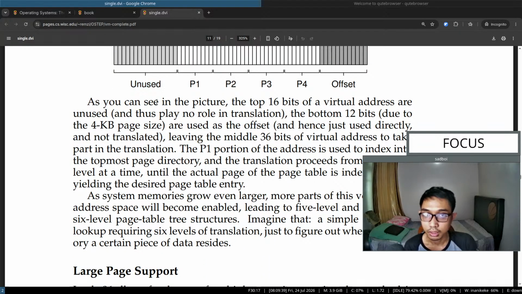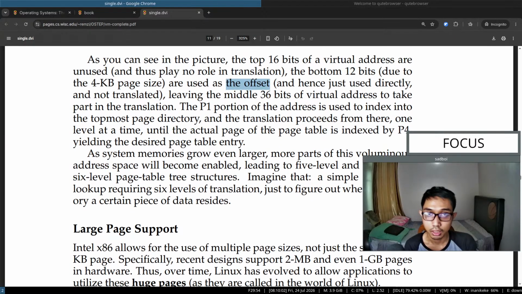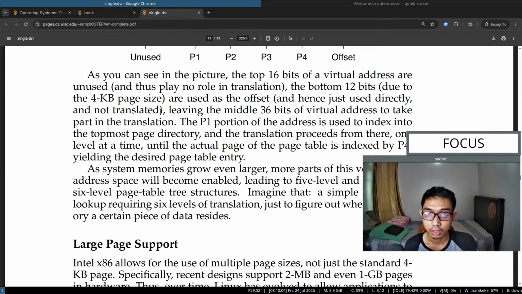As you can see in the picture, the top 16 bits of a virtual address are unused and thus play no role in translation. The bottom 12 bits, due to the 4 kilobyte page size, are used as the offset and hence just used directly and not translated.